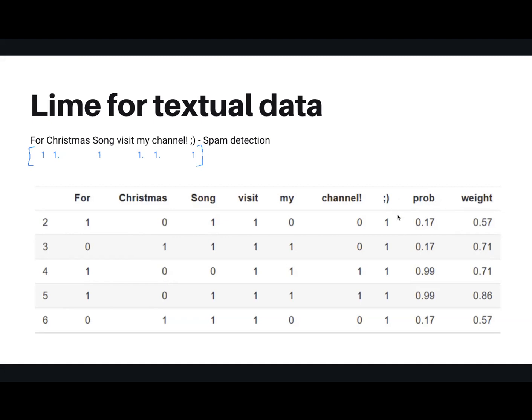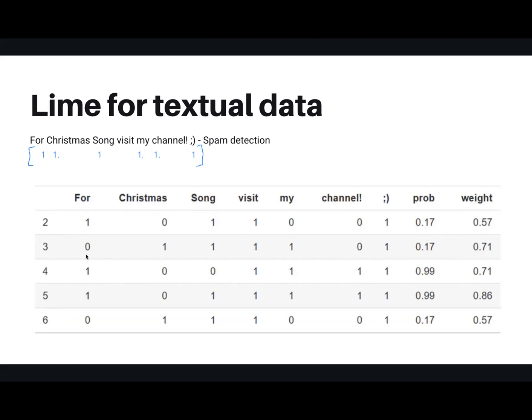We send this new sentence to the model, and it tells us the probability of being a spam is 0.17. And we have a weight that tells us the similarity between this vector and the all-ones vector, which is 0.75.